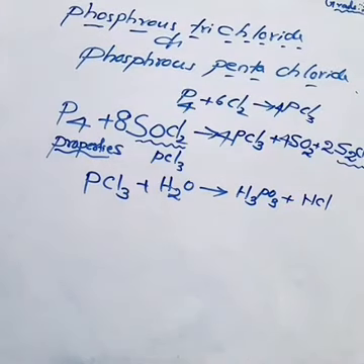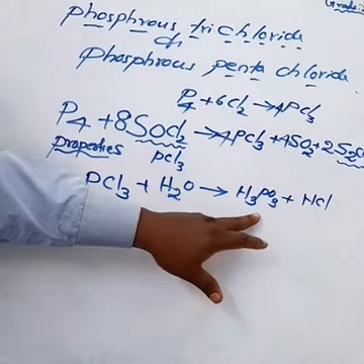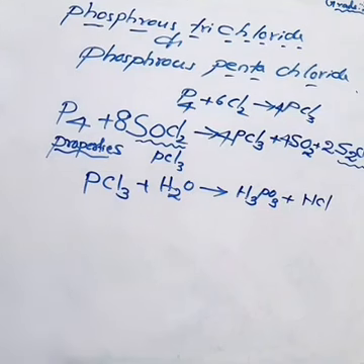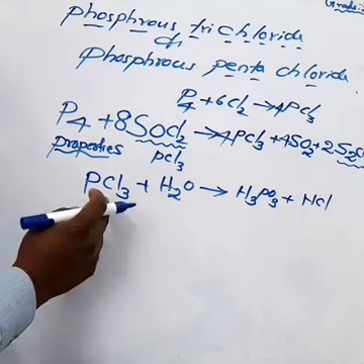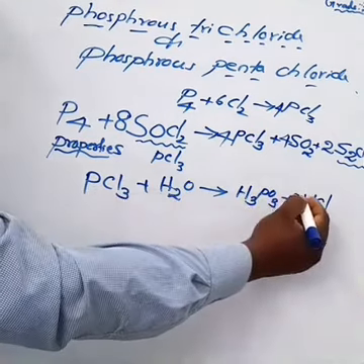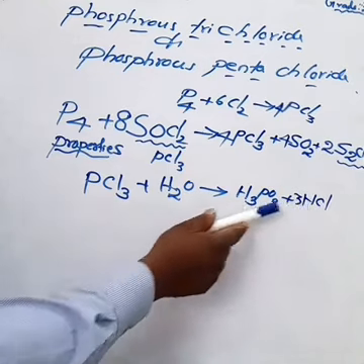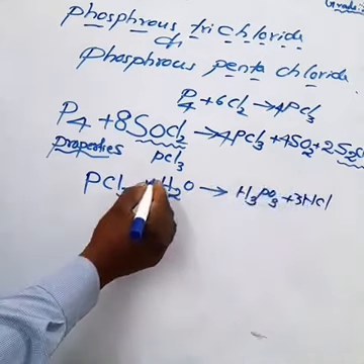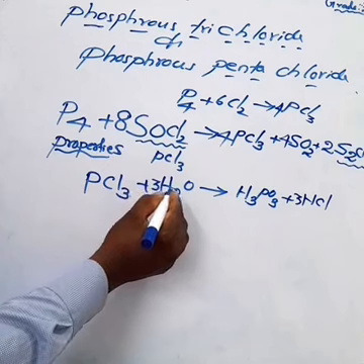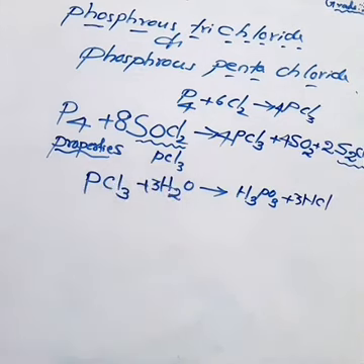What is the name of the compound H3PO3? Phosphorus acid. So, on the reactant side, how much chlorine is there? 3 chlorine, so make it 3 HCl on the product side. Next, on the product side, how much hydrogen is there? 3 plus 3, 6. So make it 3 water molecules on the reactant side. Now the equation is balanced.